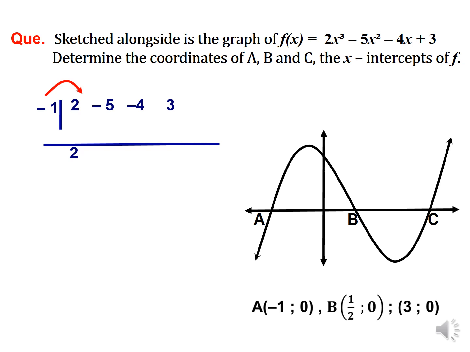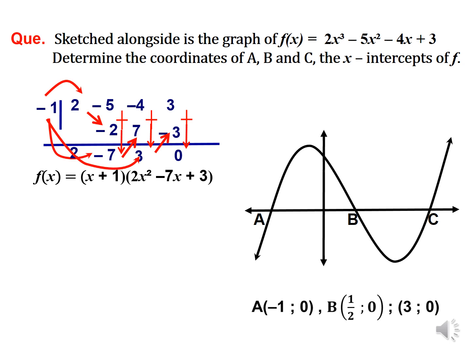Then you multiply it. From there, you now carry on with the cycle of multiply, write the answer under the next column, add, and so on, and the last one must equal 0.